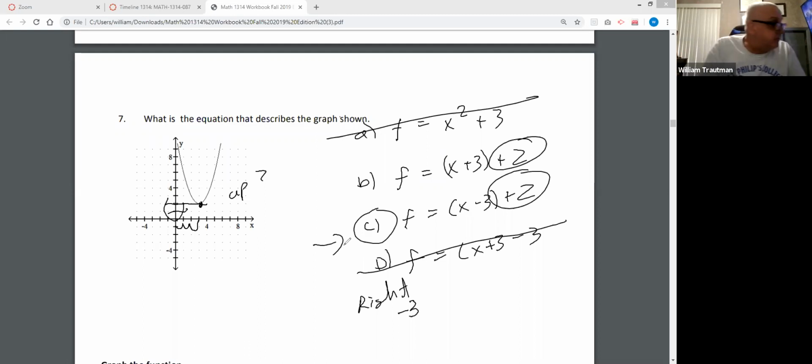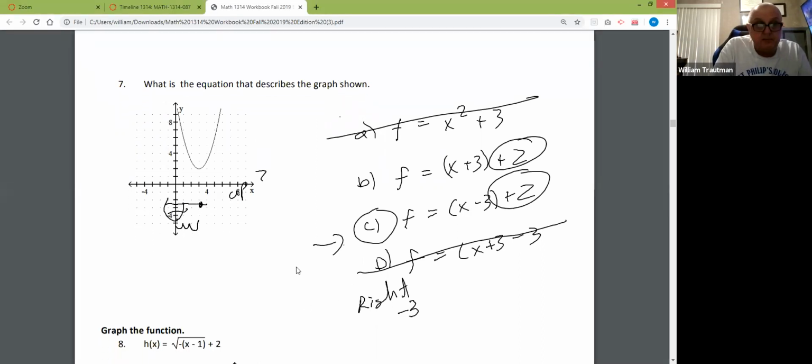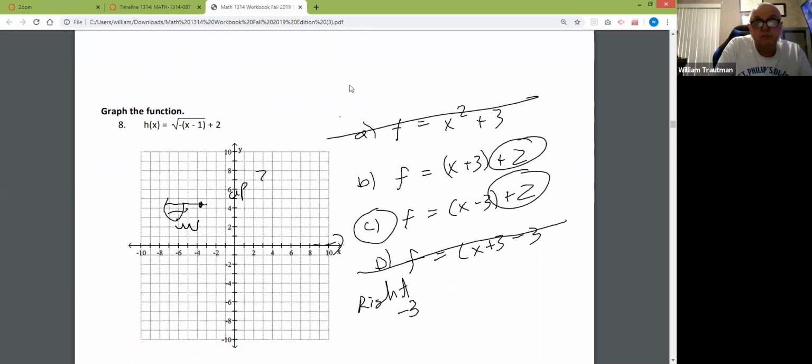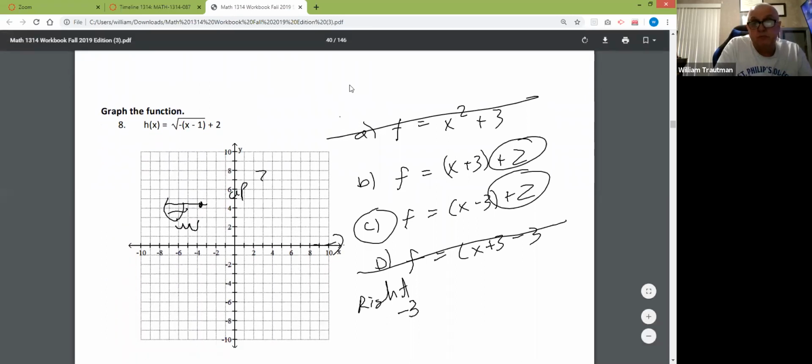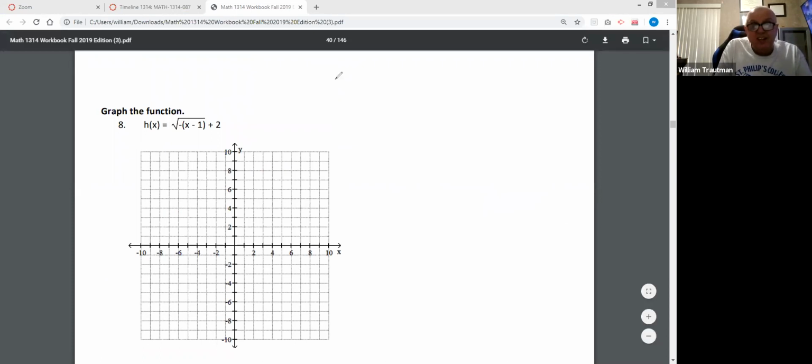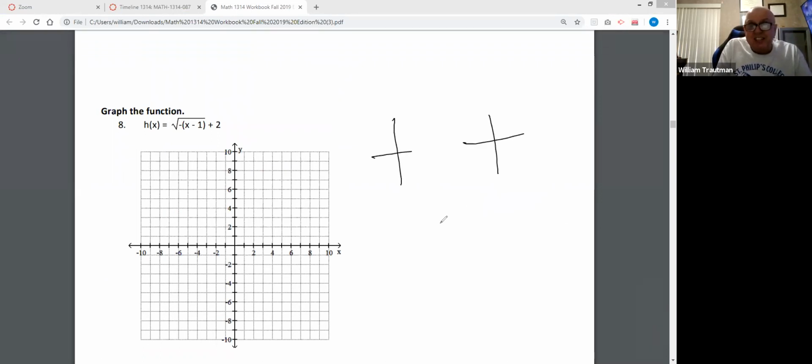All right, that's number 7. Number 8. We have quite a few problems in this section here. So I'm going to draw a couple of graphs. Let's see if we can pick the correct answer.